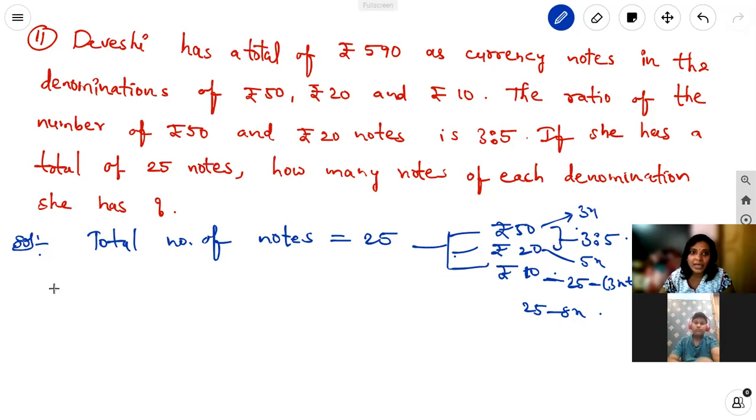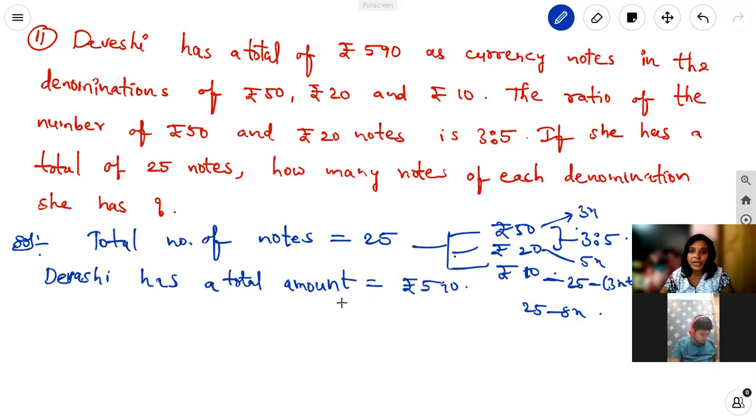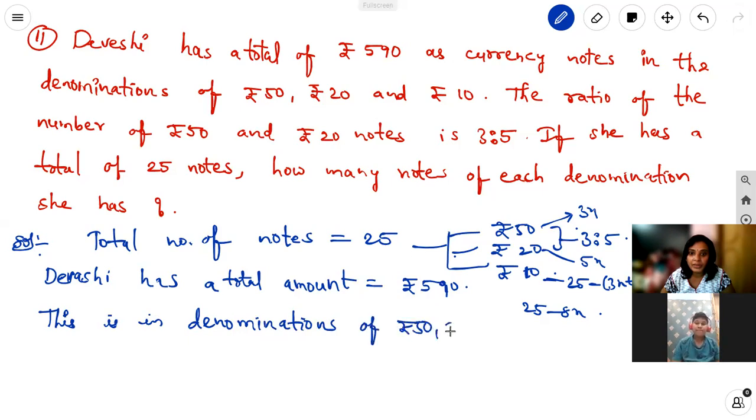First, we can write: Deveshi has a total amount equal to 590 rupees, in denominations of 50 rupees, 20 rupees and 10 rupees.